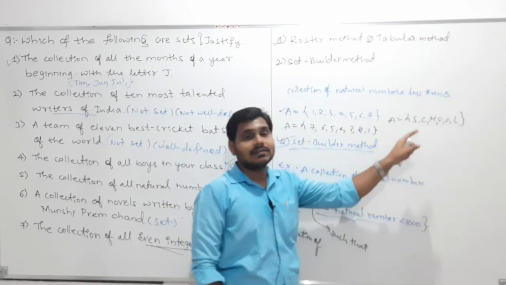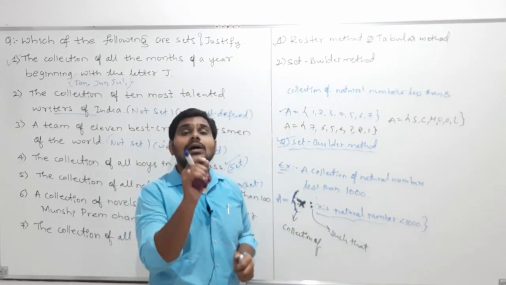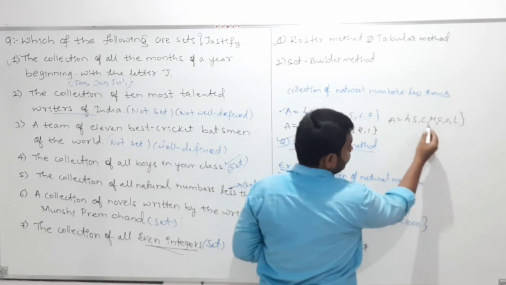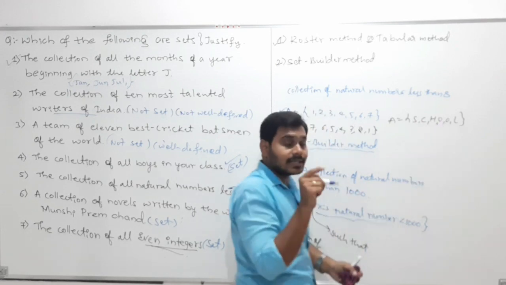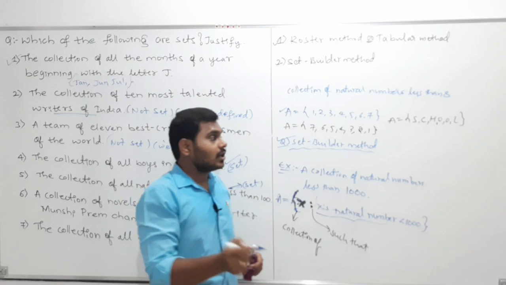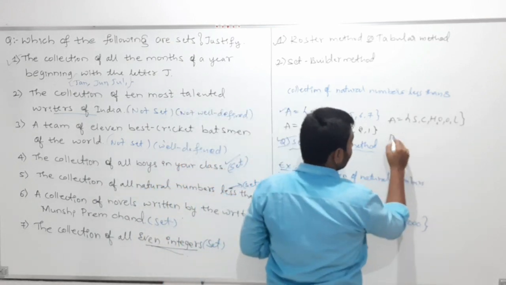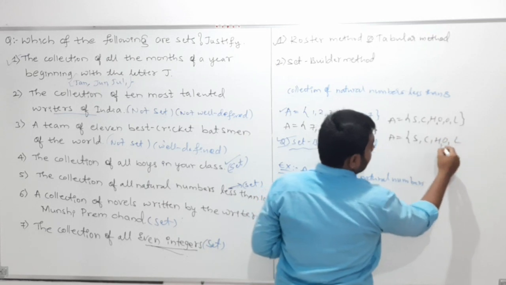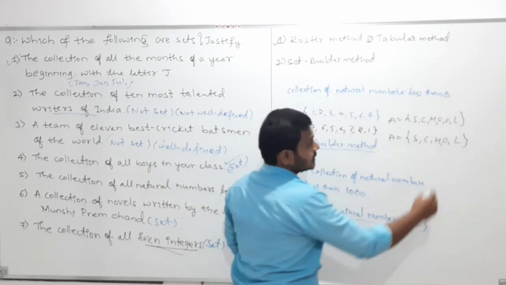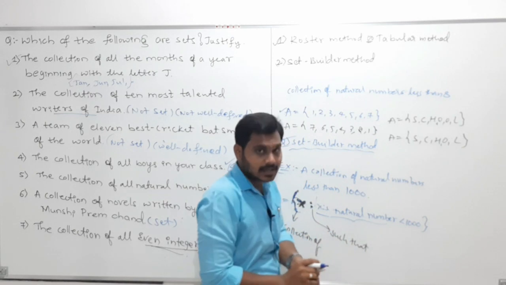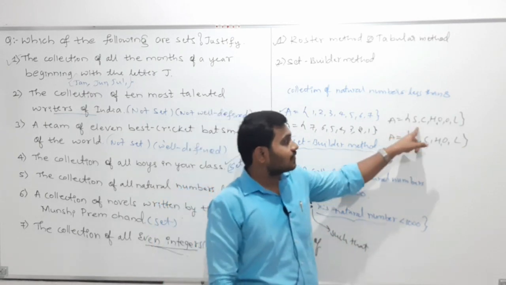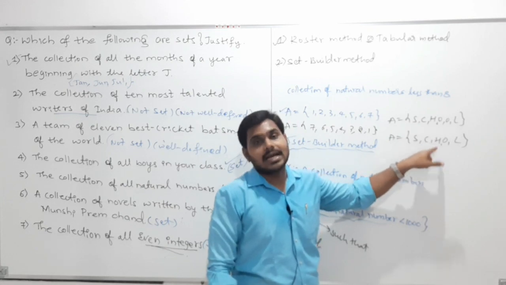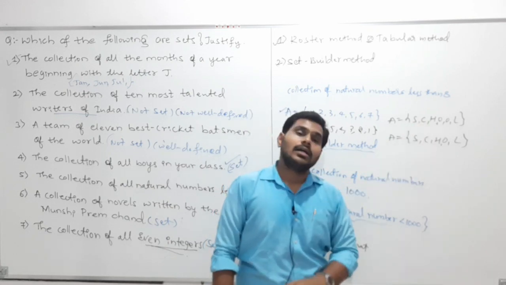S, C, H, O, O, L. In this case, it's not necessary to write the double O that is in the word school; you can write just S, C, H, O, L. If a letter occurs twice, you write it only once. That's why I am telling you: if letters are repeated, we take them only once, and order is not important.